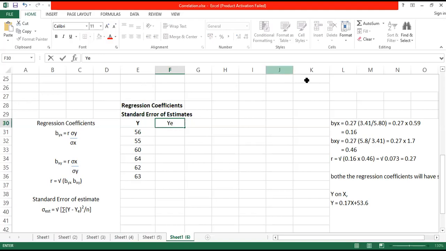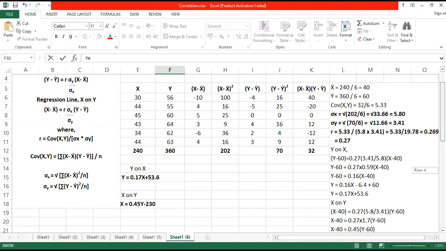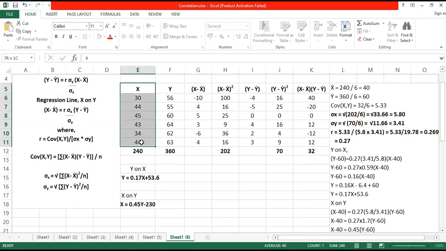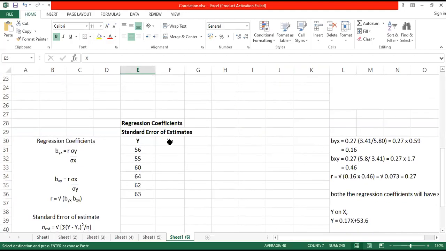Now how to get y estimated? Let us even copy our x. I'll put it here, and this is our ye. Fine.